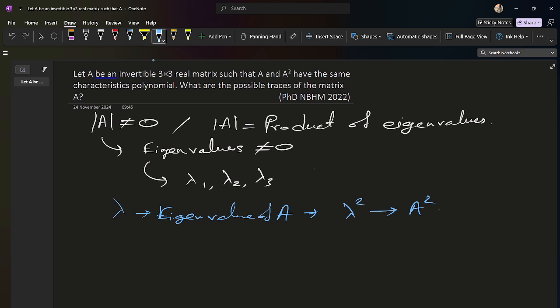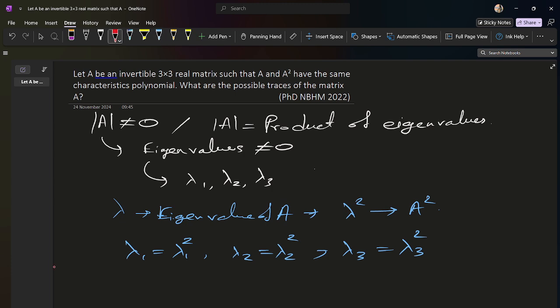We know that, no? So then what will happen? Lambda 1 will be lambda 1 square, and lambda 2 will be lambda 2 square, and the third case is lambda 3 will be lambda 3 square.